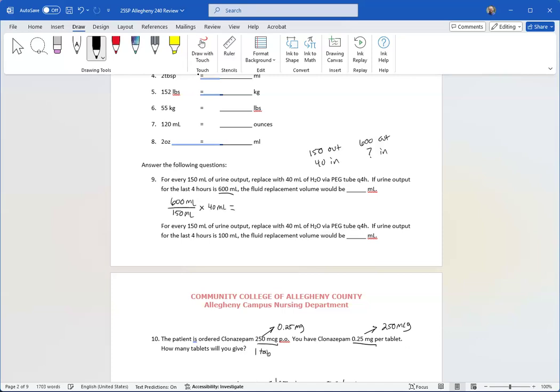If you do that every single time, you'll get the right answer, because it's basically equating these things. I'll show you what I mean in just a second.